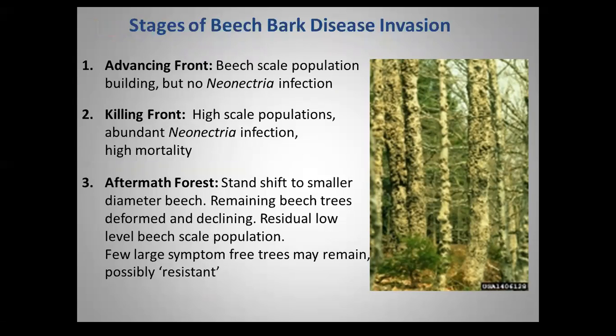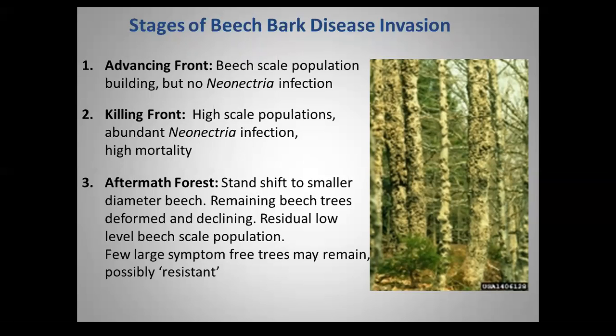There's also a killing front, and this is describing once the scale populations have increased and they're very abundant, and Neonectria infection is now present, and you're starting to see high levels of mortality. Mortality begins about 3 to 6 years after Neonectria, and many times after the scale population is there, but definitely once Neonectria infection occurs, and this can vary.